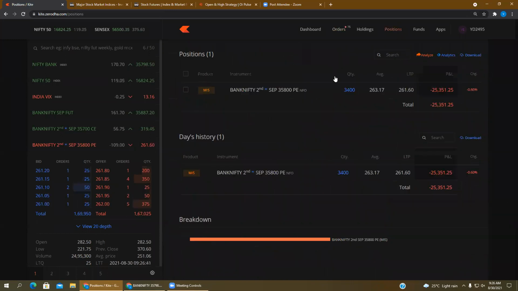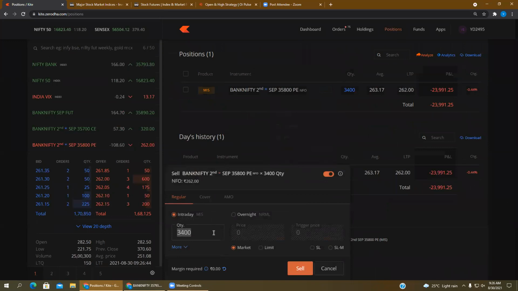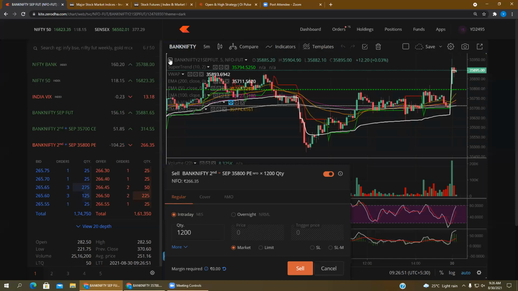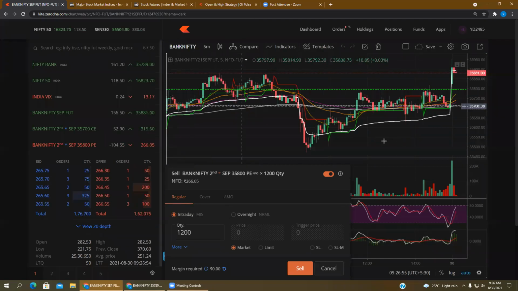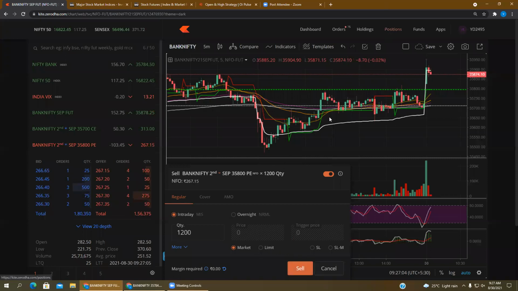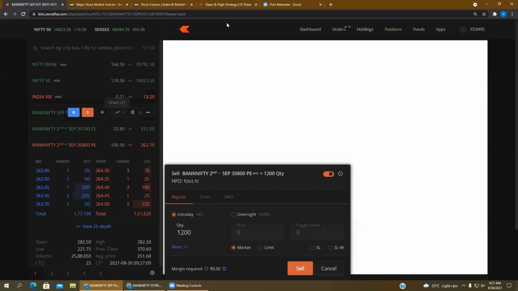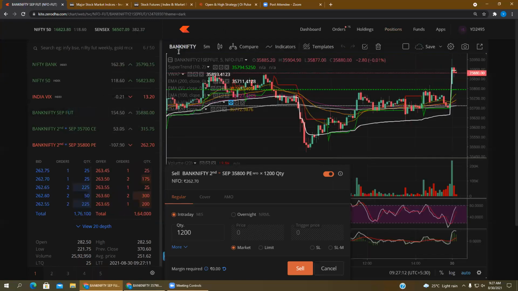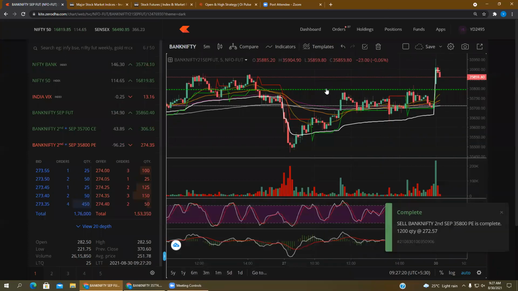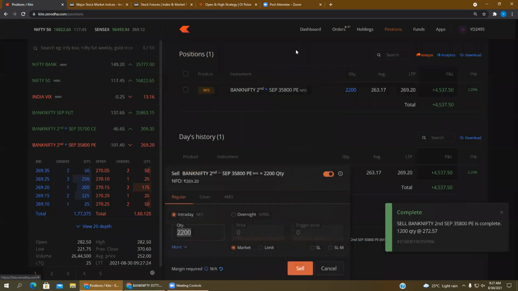So now I have 3400 quantities. Exited 1200 at 273. Still have 2200 quantities.